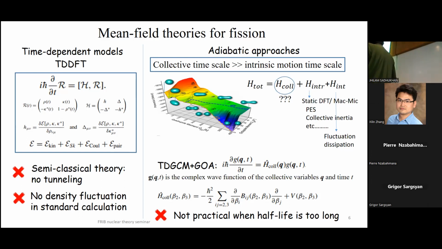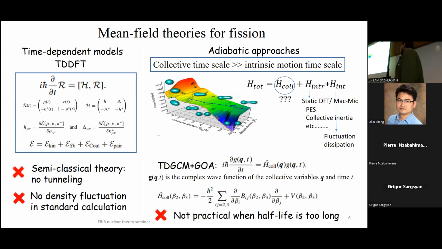In this method, these collective coordinates are represented with a complex wave function, and a Schrodinger-like equation is solved to get the final distribution of the coordinate. And here it is this collective Hamiltonian, which is a function of both the potential energy as well as the collective inertia.